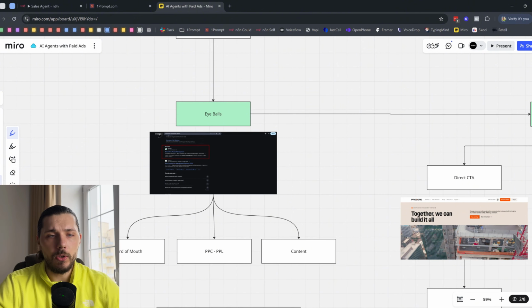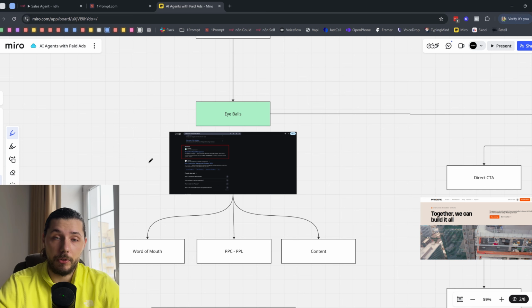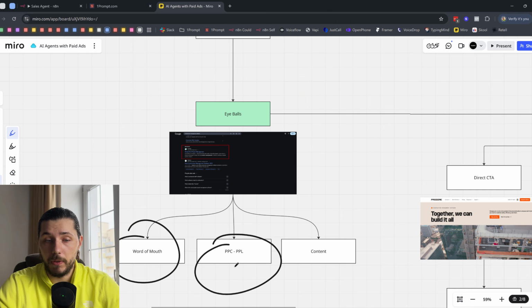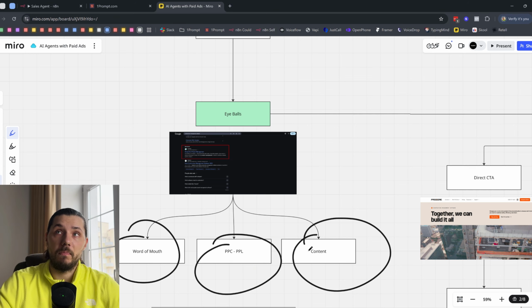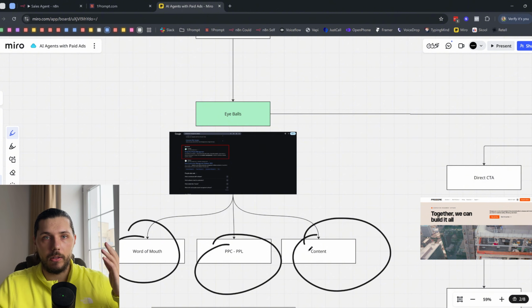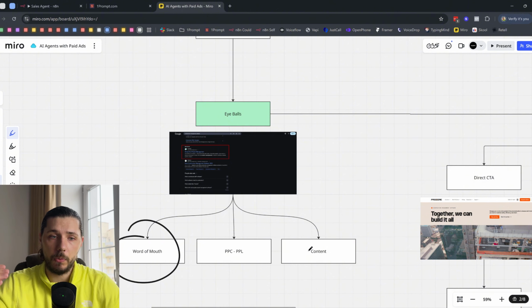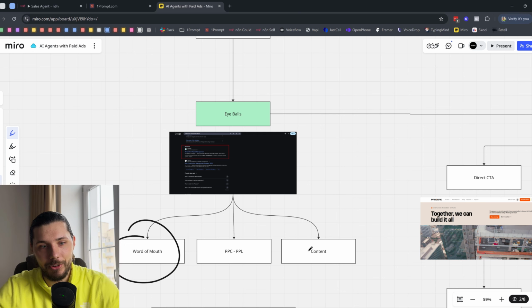So usually the businesses that you would work with are generating traffic, when it comes to B2B, either through word of mouth, PPC, aka Google Ads, or content. Now, a lot of them run ads, but ads for B2B are a bit trickier than for local services, where people are in need of a solution right now. Again, trying to generalize everything.